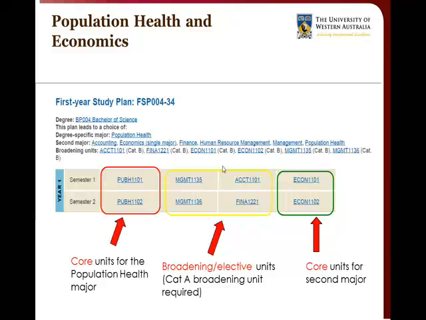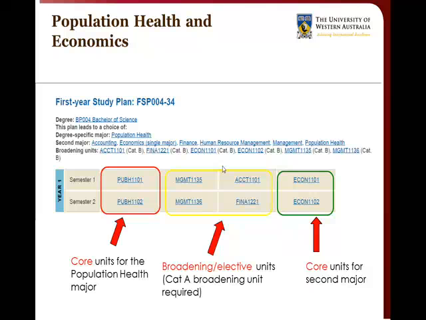Here's a first year study plan with economics. There is a shortage of health economists in Australia and internationally, and so there are some very good job opportunities there. So if you were to pick this particular combination, you would pick the core units for the population health major.